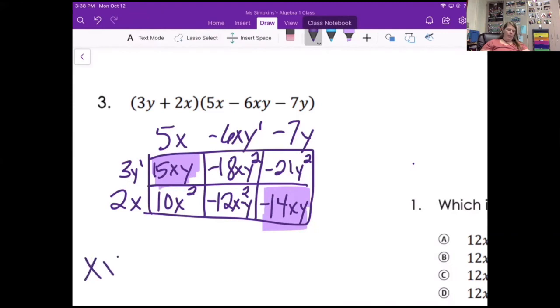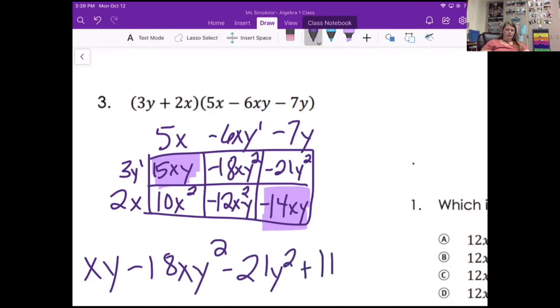Just an xy, or 1xy, minus 18xy squared minus 21y squared plus 10x squared minus 12x squared y. Whew. Yay. Holy cow is right.